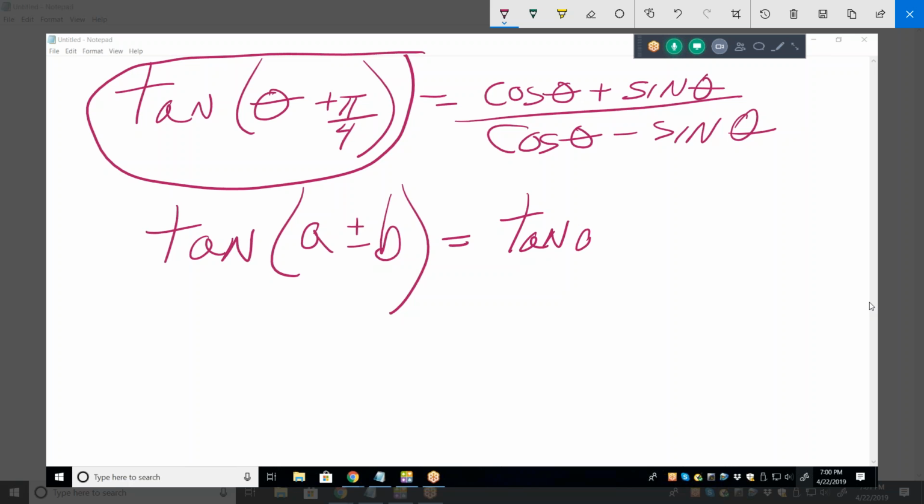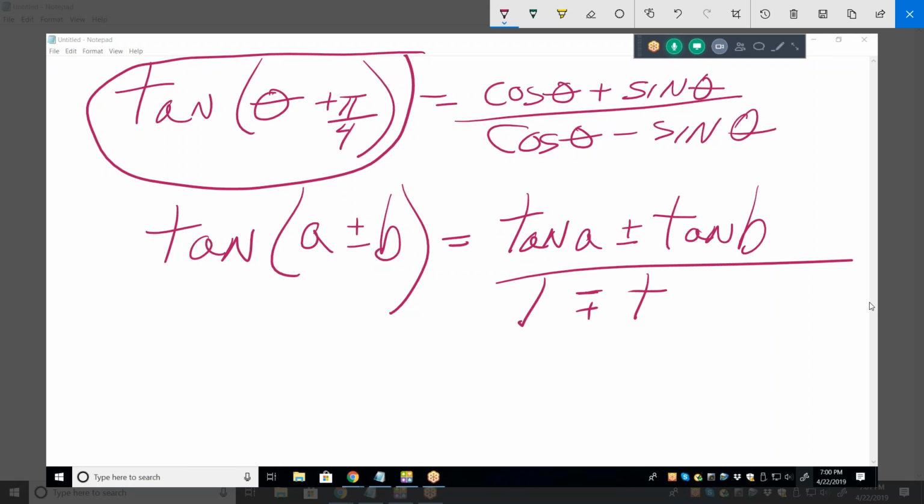It's tangent A plus or minus tangent B, all divided by 1 minus or plus tangent A times tangent B. Now, you understand what I mean when I say plus minus or minus plus? It means basically that I can erase that minus sign, I can erase that minus sign, and I can erase that plus sign.